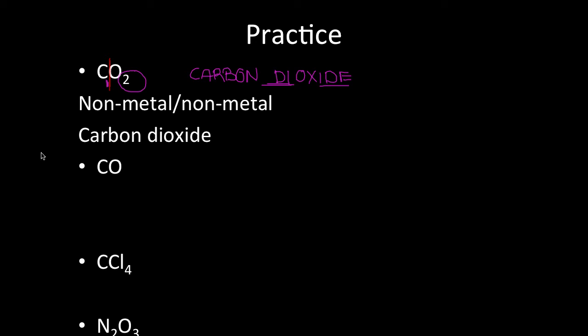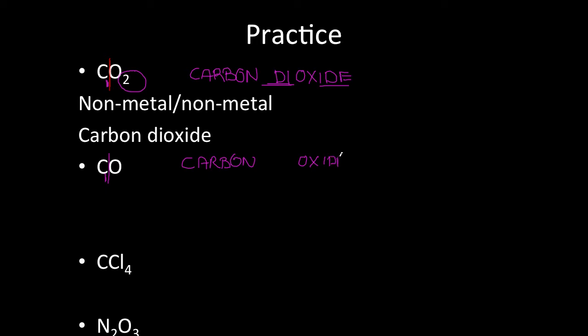My next substance is CO. So I'm going to divide it into its two parts. And I'm going to name the first element after its name in the periodic table, carbon. And once again, there's only one carbon here, so I'm not going to use a prefix. And then I have my second element. Once again, it's oxygen.